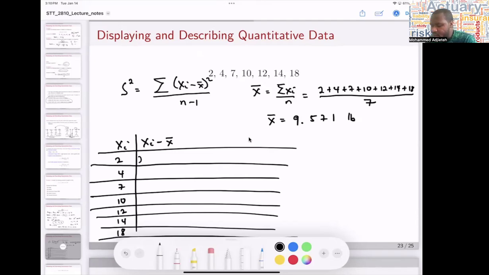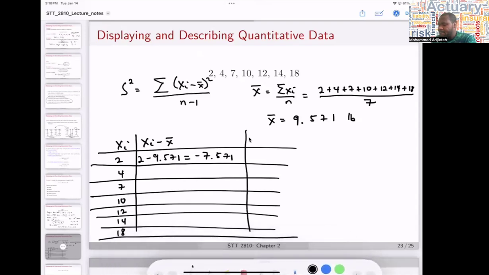So we have 2 minus 9.571. This should give us negative 7.571. And you can use that idea to compute the rest.